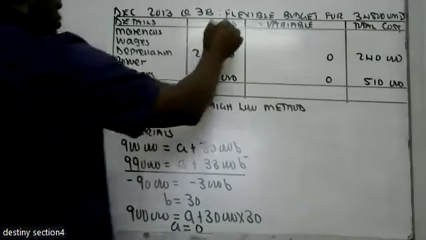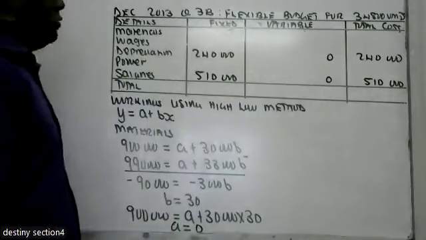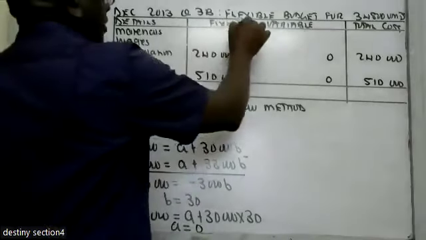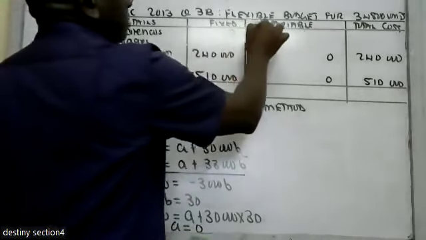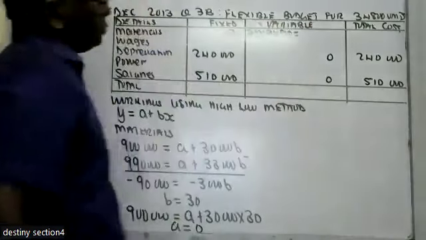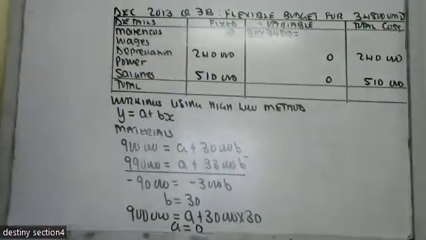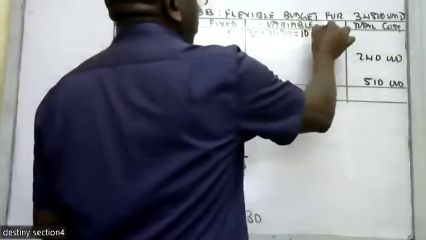So sasa hapa kwa material unakuja unasema fixed ni 0. Hapa sasa ya variable utasema ni 30 times 34,800. 1,044,000.